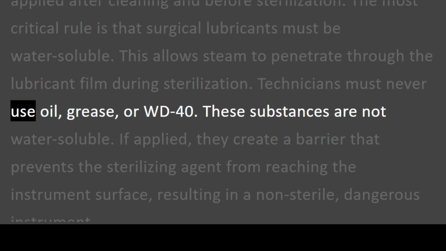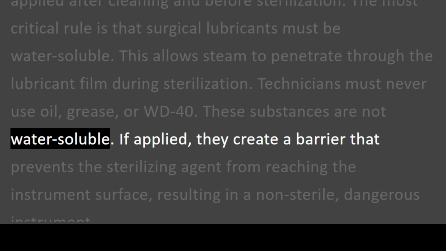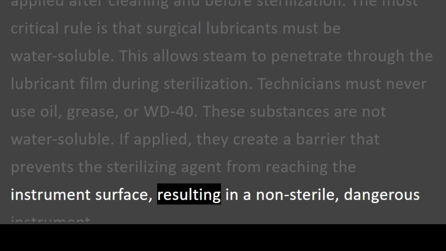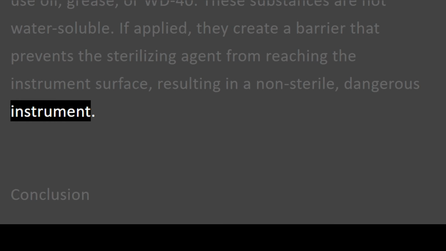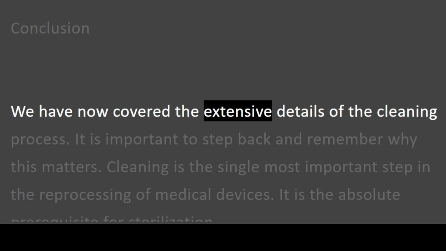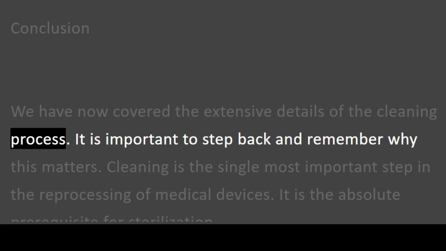Technicians must never use oil, grease, or WD-40. These substances are not water-soluble. If applied, they create a barrier that prevents the sterilizing agent from reaching the instrument surface, resulting in a non-sterile, dangerous instrument.